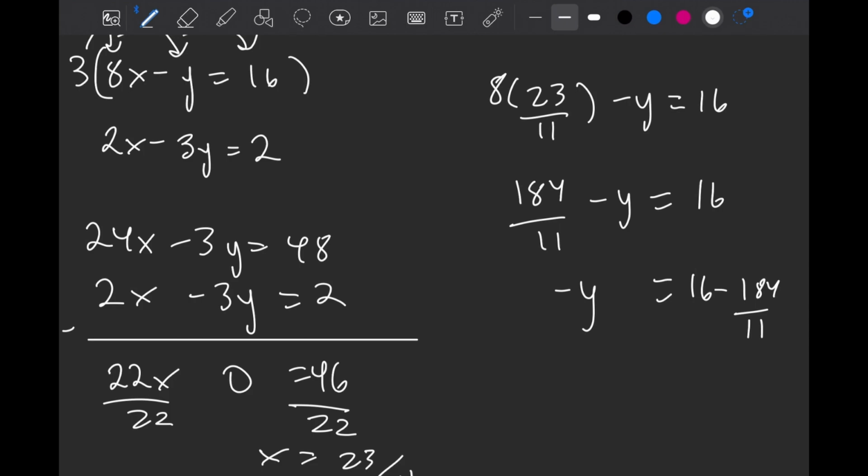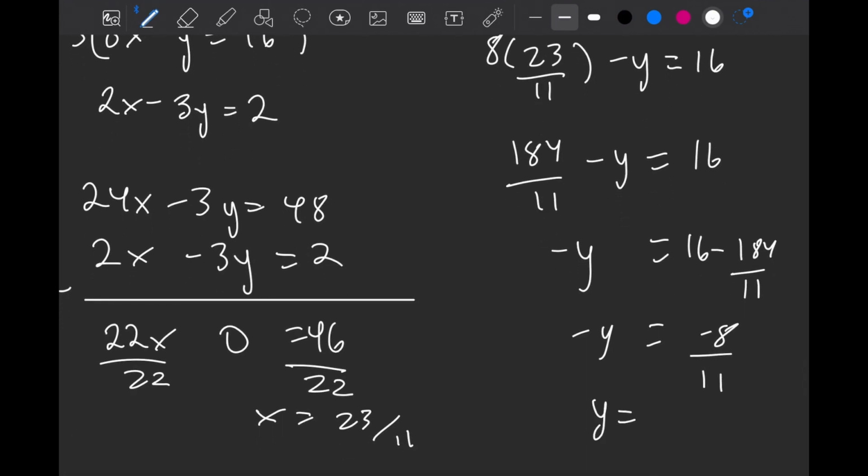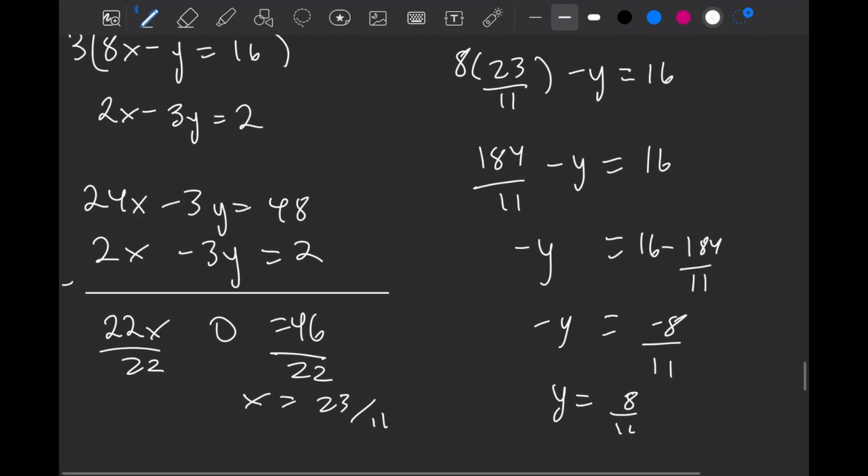When we do that, we'll get negative 8 over 11. You can plug that into your calculator. That's negative y, so therefore y would be equal to 8 over 11. So the solution here would be (23 over 11, 8 over 11). That's the x and the y.